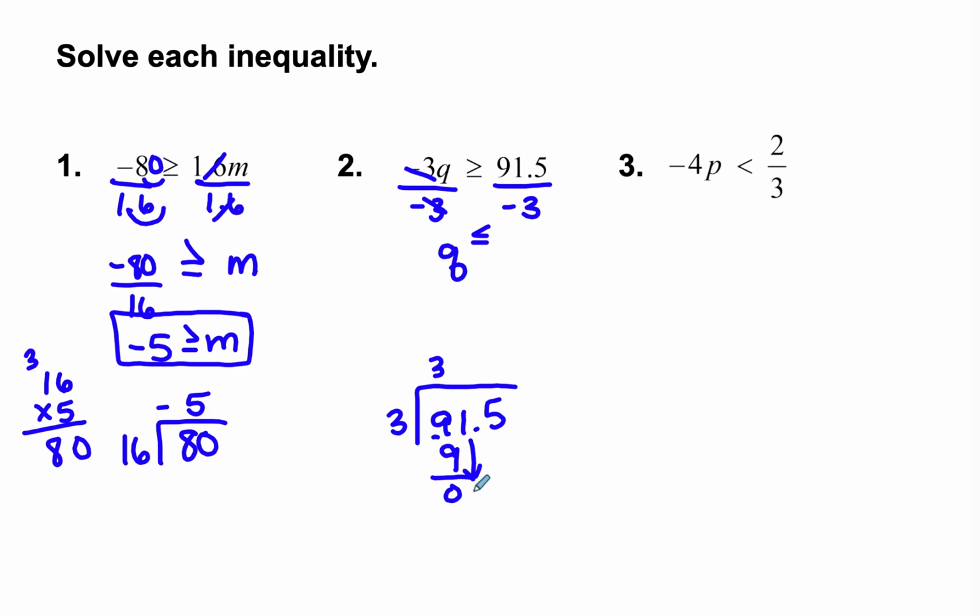Bring down that 1. 3 does not go into 1. I'm going to bring up the decimal. Bring down the 5. 3 goes into 15 5 times. 5 times 3 is 15. Let's see. We had different signs here, so our answer is negative. Q is less than or equal to negative 30 and 5/10.